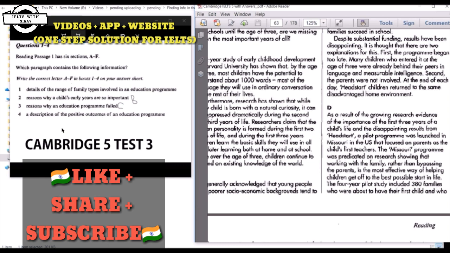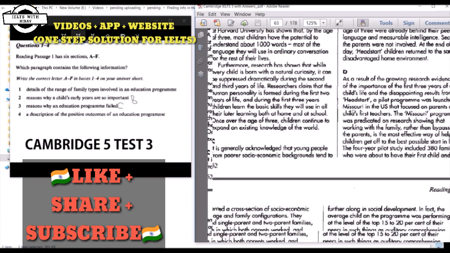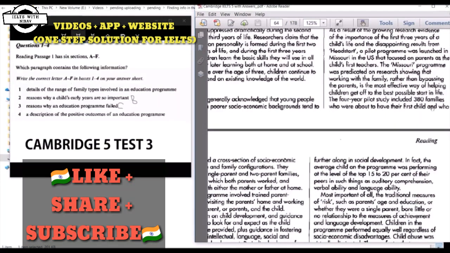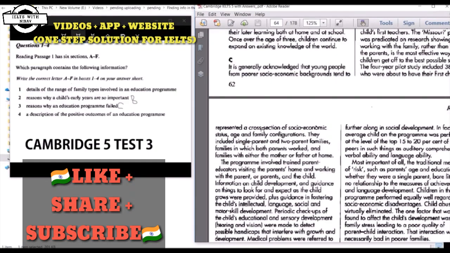So here there is no word like families, so I can assume this answer I will get from paragraph D. So let's read ahead. Who are about to have their first child and who represented a cross-section of socio-economic status, age and family configuration. They included single parent, two parent families, families in which both parents worked, and families with either the mother or father at home.